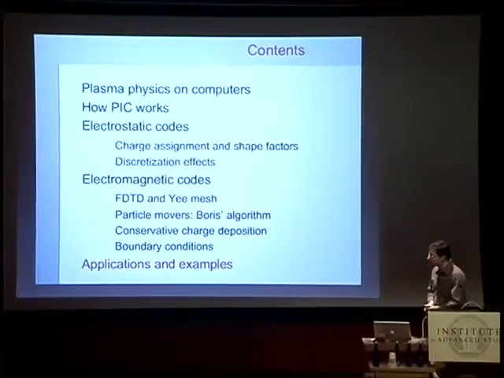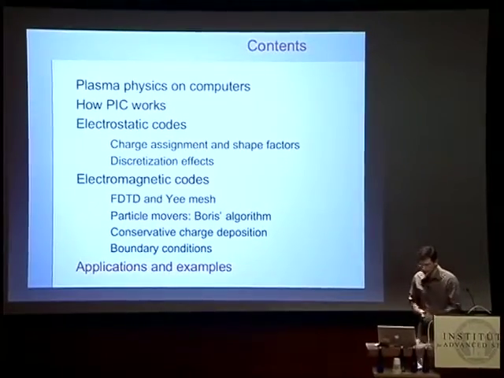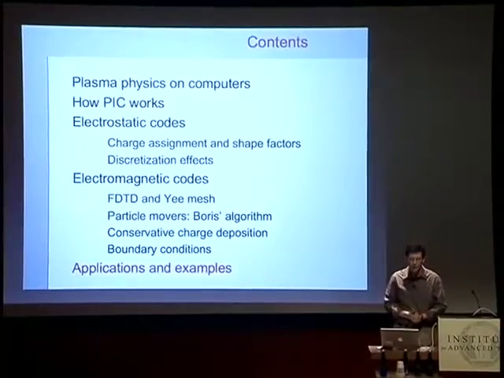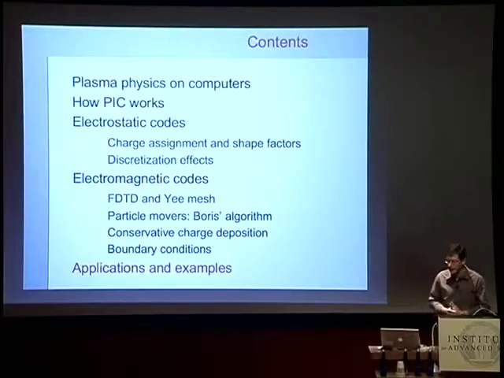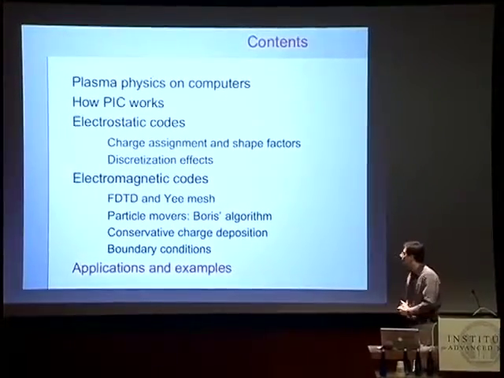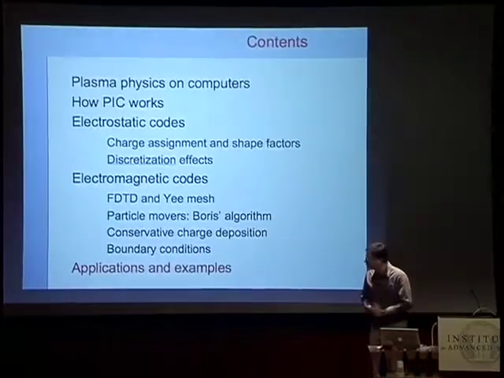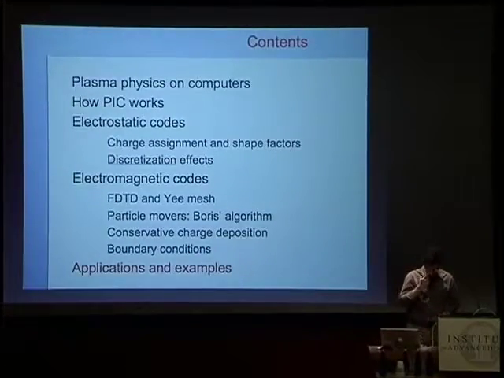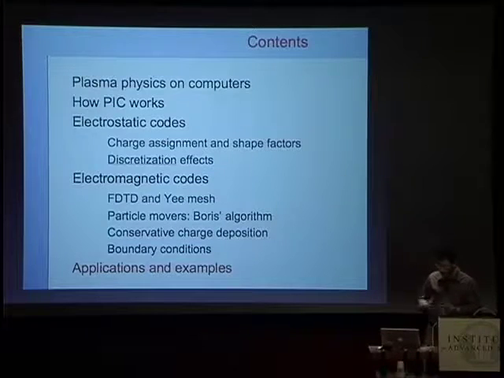So last time we discussed two main types of particle and cell simulations, which were electrostatic codes and electromagnetic codes. And the two were applicable when different scales were of interest.